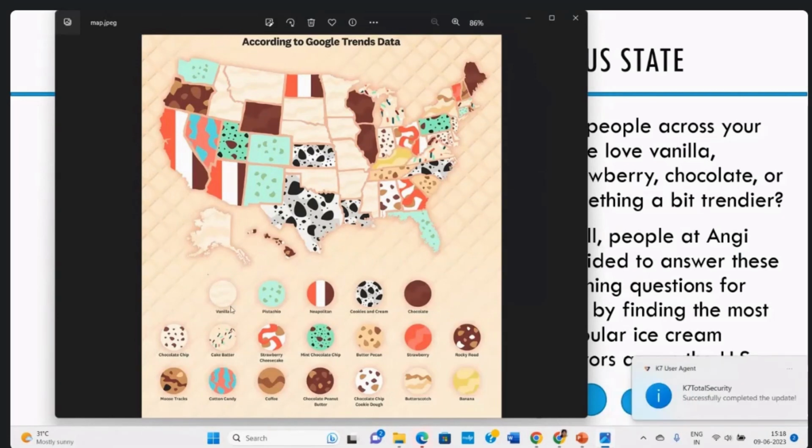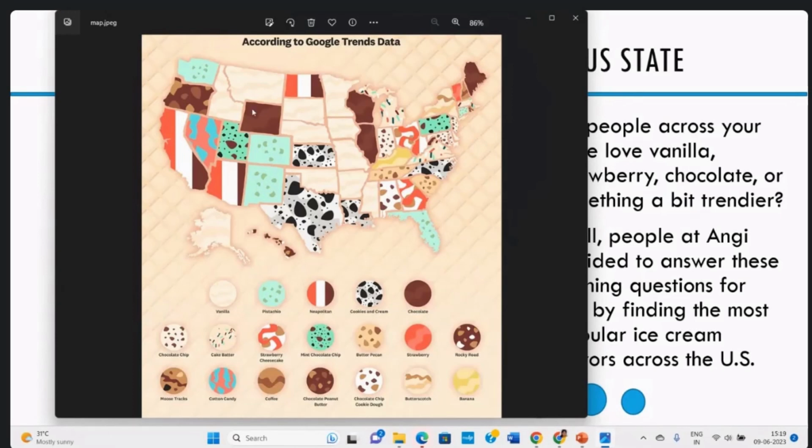This particular flavor is vanilla. Next is pistachio, Neapolitan, then cookies and cream, chocolate flavor, and so on. Many flavors are listed out here. And you can see this map is the outcome of descriptive data analytics.